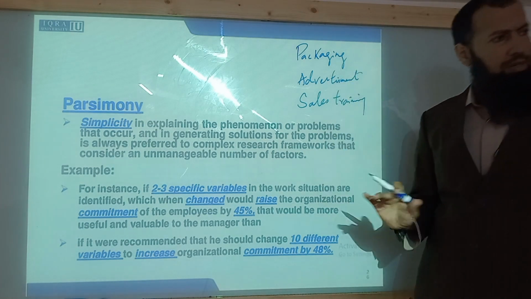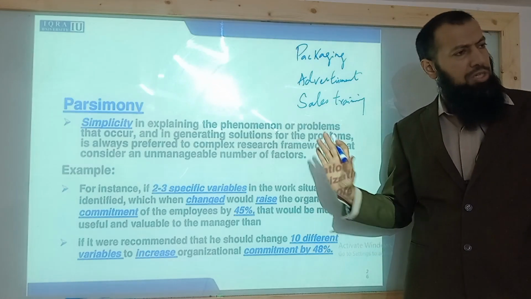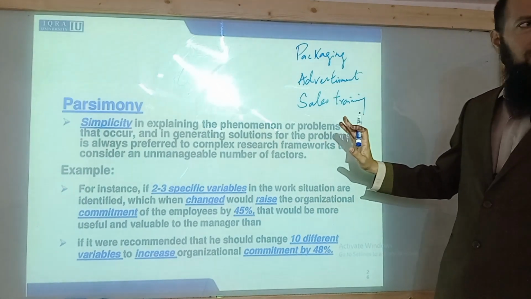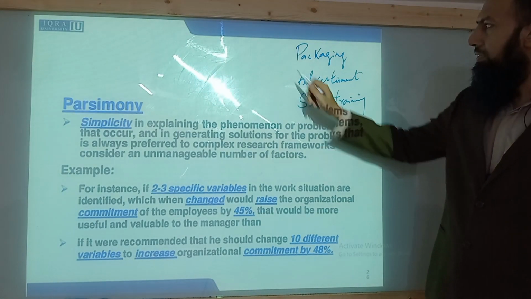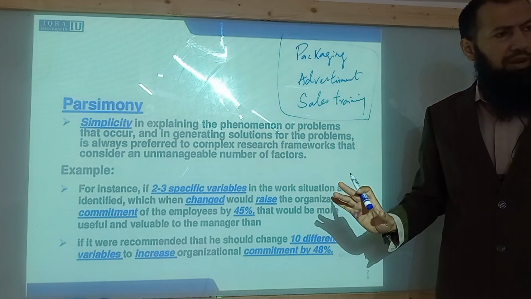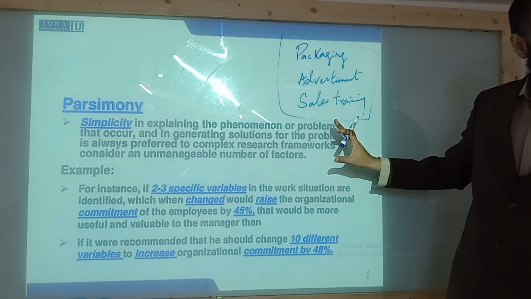These are the 3 factors which are researched by the researcher. So you see, parsimony says this is the max, you go for that. Do not go for more factors.